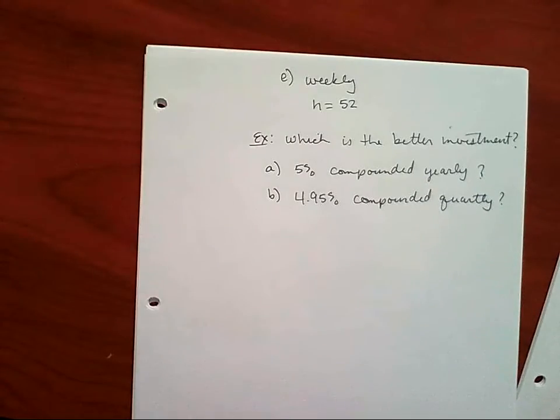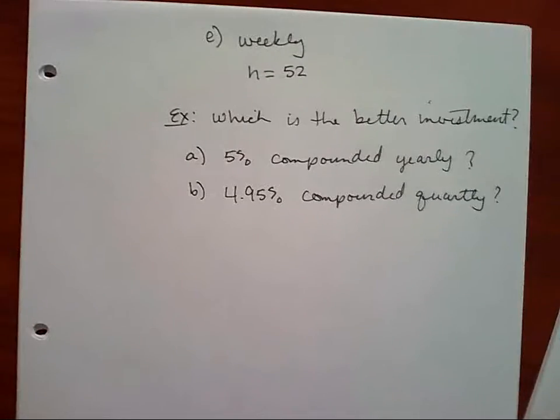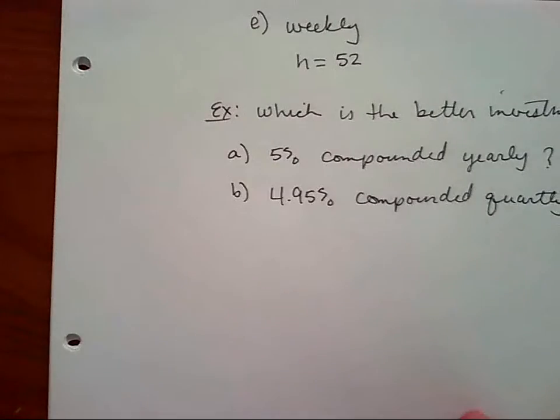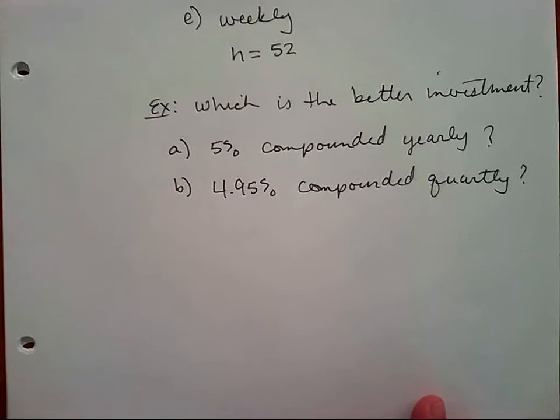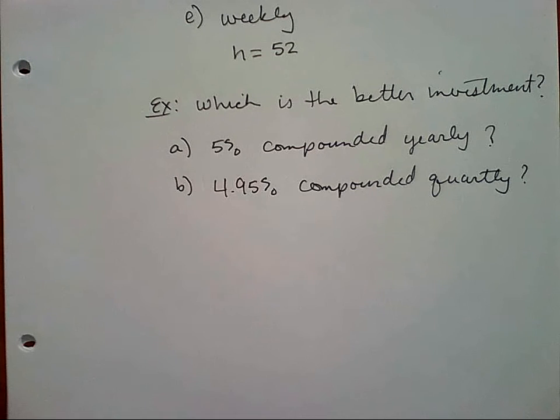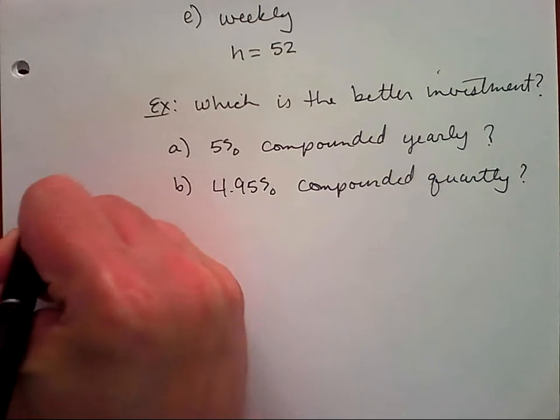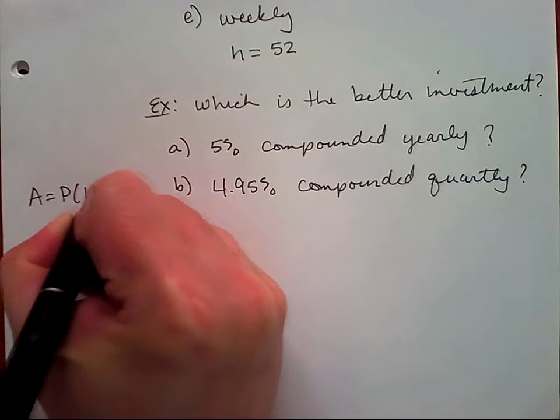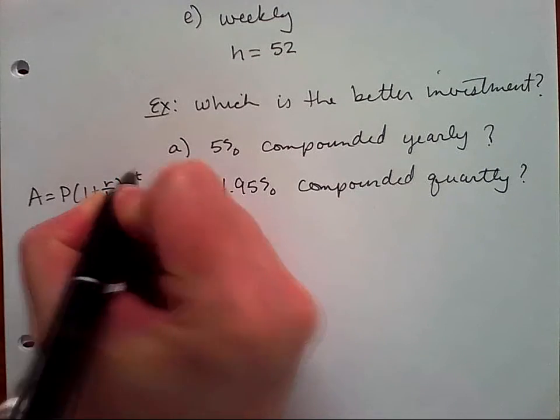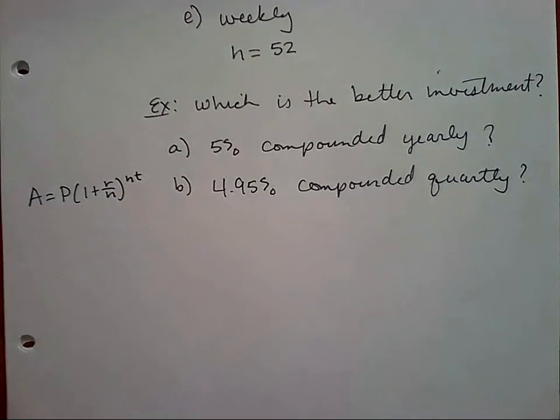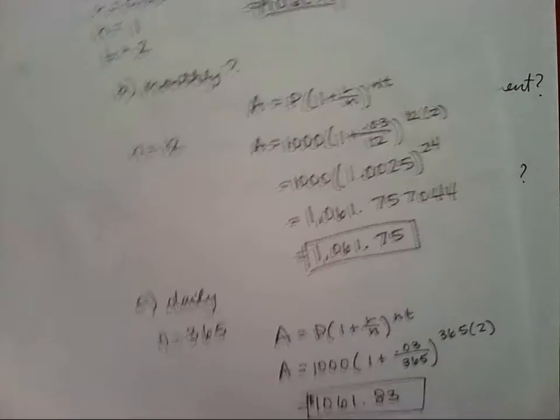Well, let's figure it out. Which is the better investment? So, what is it asking you? What value am I looking at in the formula? A equals P times 1 plus r over n to the nt. What did we just look at to determine the better investment here?